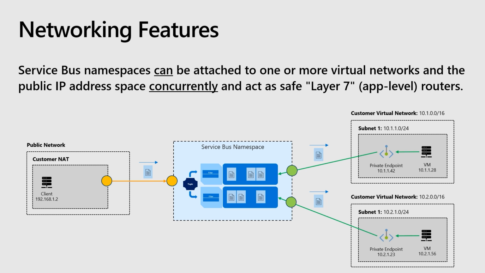One of the wonderful things about the networking features, that ability to join one or multiple VNets, is that Service Bus can also serve as a bridge. You can have Service Bus activated on a public network and on multiple VNets.